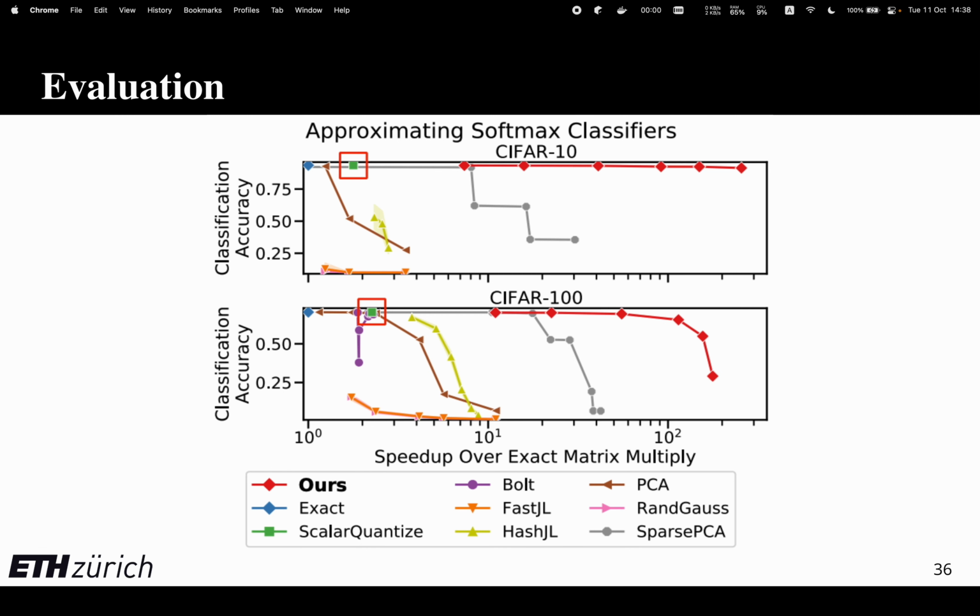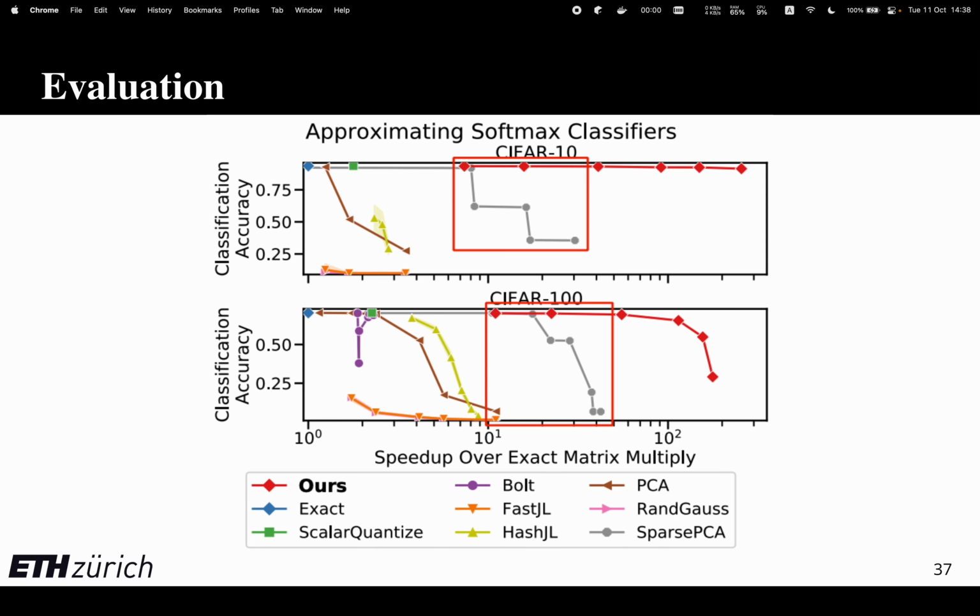Now we're looking at the so-called scalar quantize. Scalar quantize is linear quantization. We don't learn fancy functions, we just do linear quantization and linear projections, and this is how far we can get. Now the grid dots, the grid lines, are pretty much at a Pareto frontier already. They use sparsity to do approximate matrix multiplication.